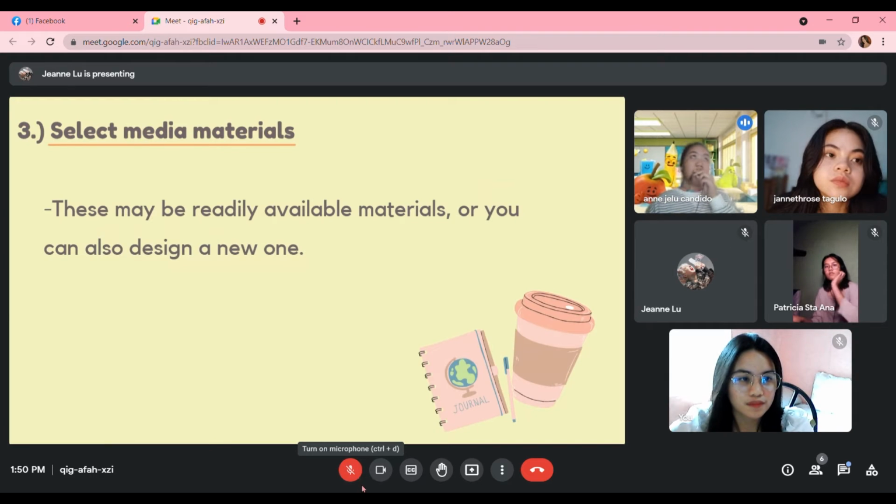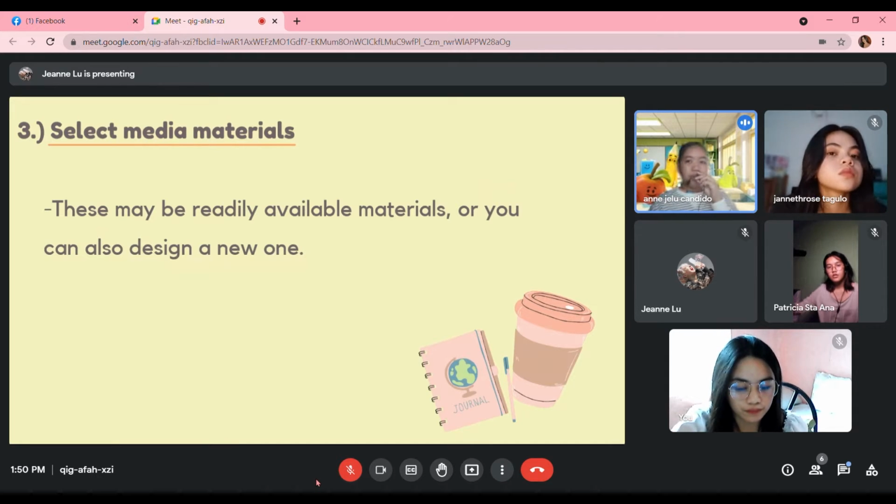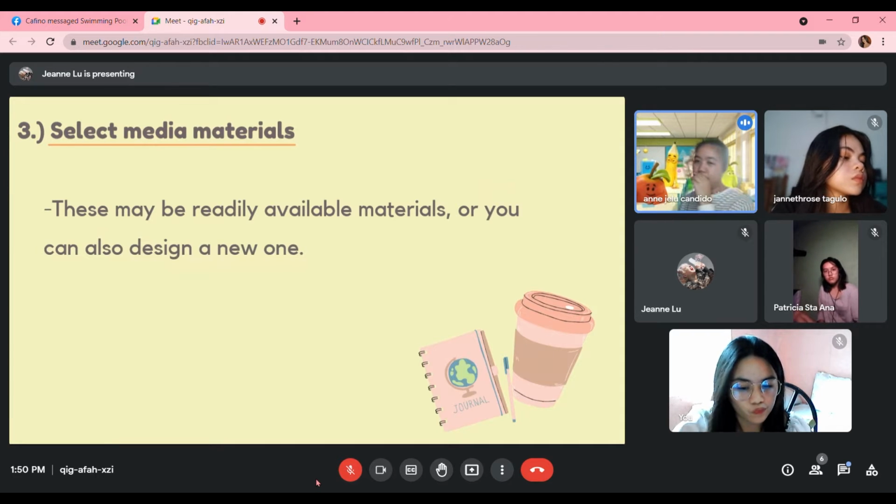Next is to select media and materials. These may be readily available materials, or you can also design a new one. So when you pick or present a media material to your students, it must be something that could catch their attention, because if they see something interesting, then they will eventually pay attention.